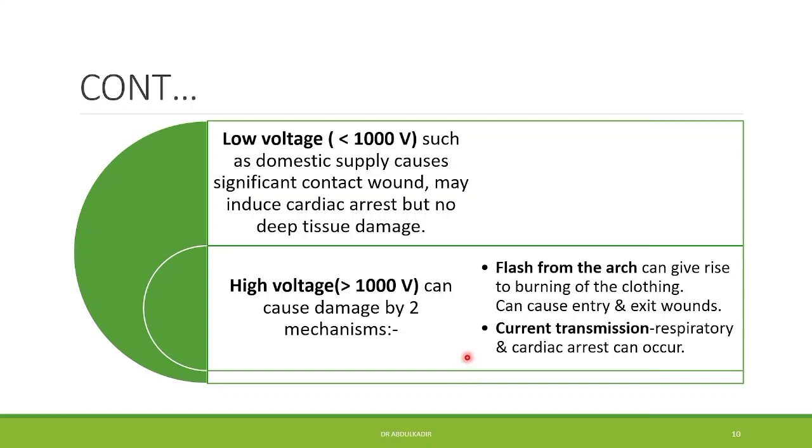In electrical burn, we classify into two parts: low energy or low voltage burn, and high voltage burn. Low voltage is caused mainly by the domestic supply, and it causes significant wounds and may induce cardiac arrest and deep tissue damage.